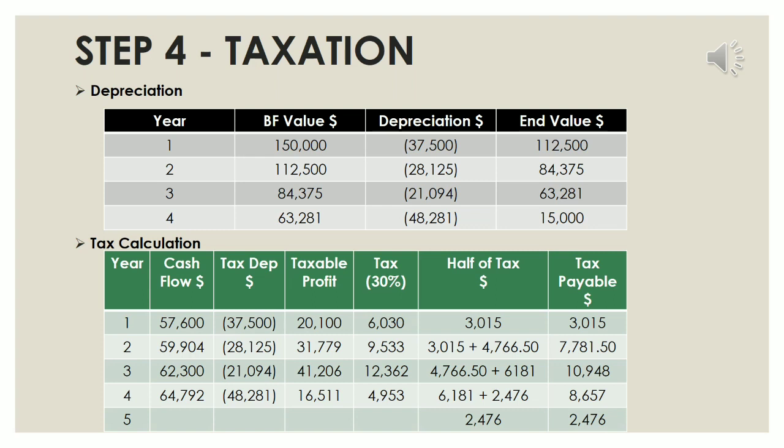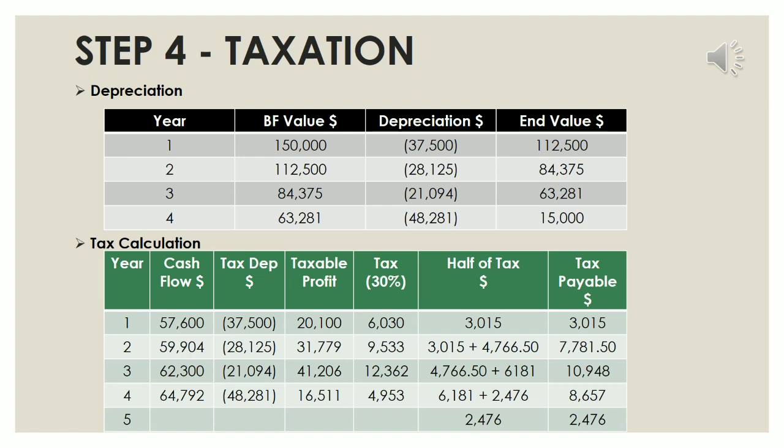For the fourth year, the inflationary cash flow will be 64,792. From that, we are going to deduct tax depreciation of 48,281. That will result as taxable profit, which is 16,511. For that 16,511, applying taxation of 30% will give you $4,953.